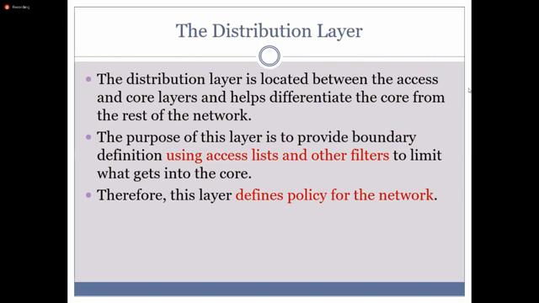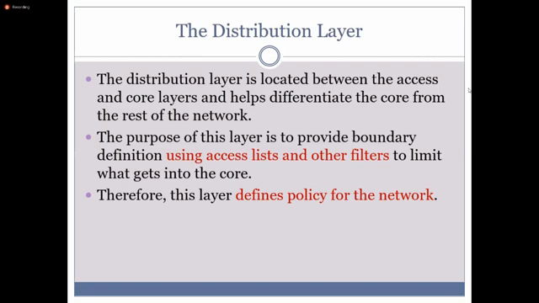The distribution layer is located between the access and core layers, and it helps differentiate the core from the rest of the network. So it lies between the core and the access. The purpose of this layer is to provide boundary definition using access lists and other filters.